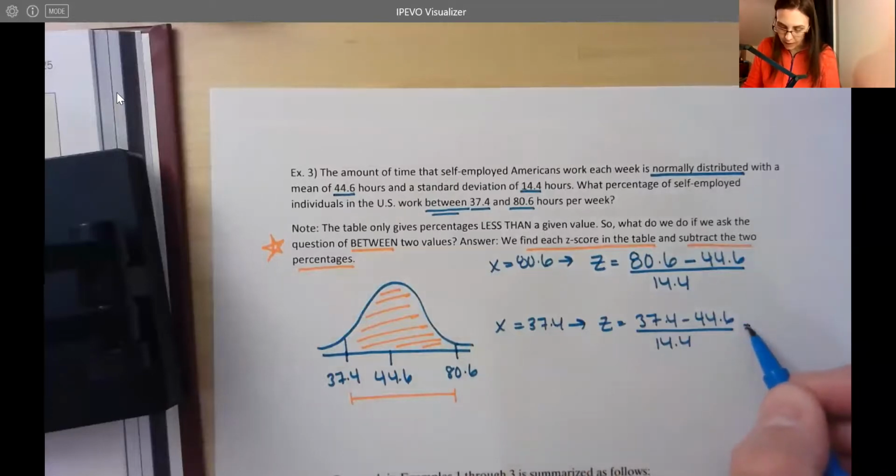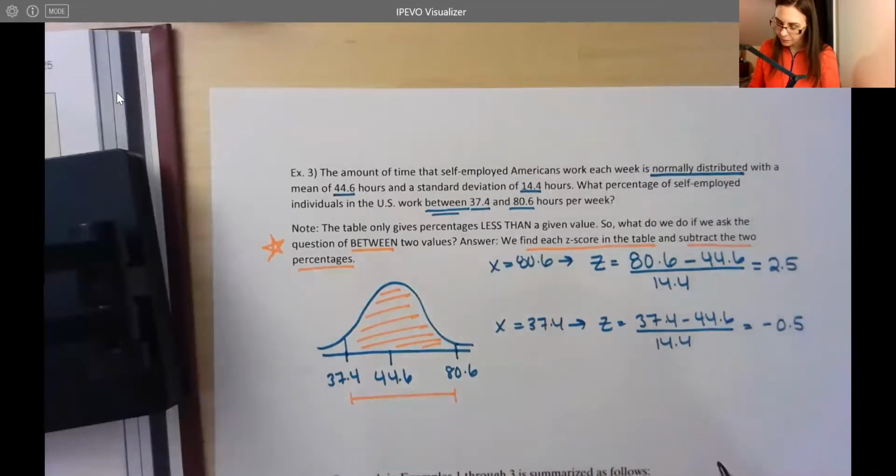And what I get here is negative 0.5, and here I get positive 2.5. So for this one, the z-value is 2.5. And for this one, that z-value is negative 0.5.